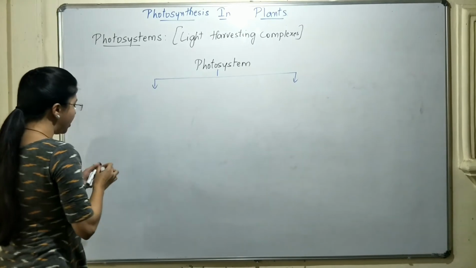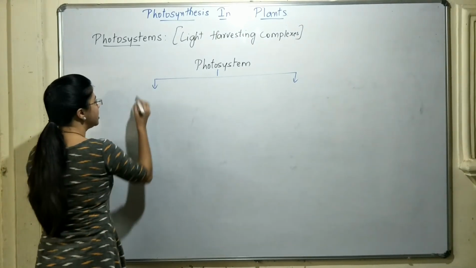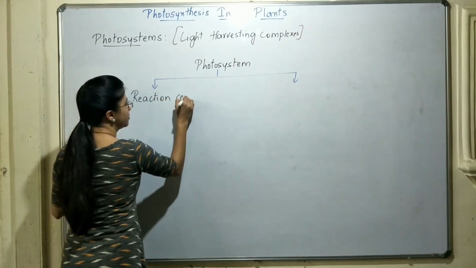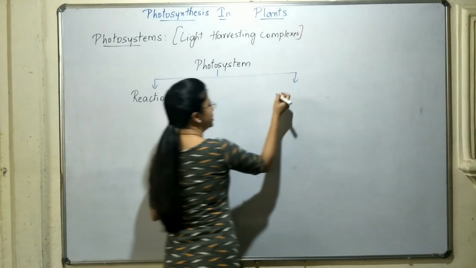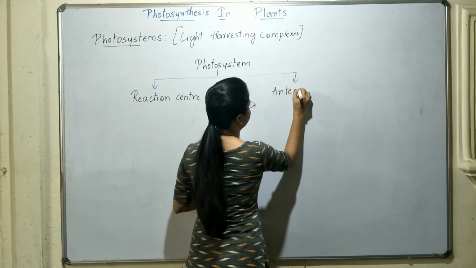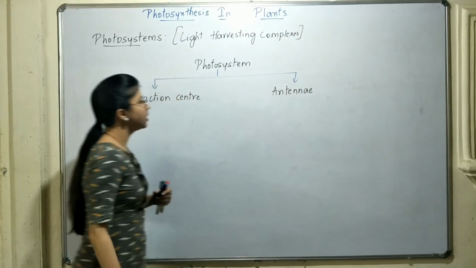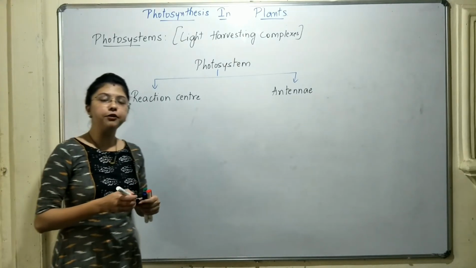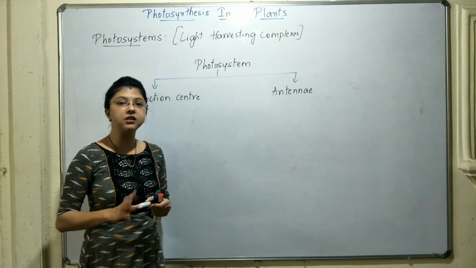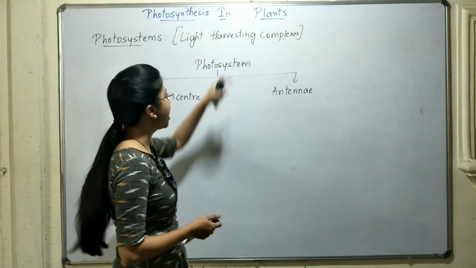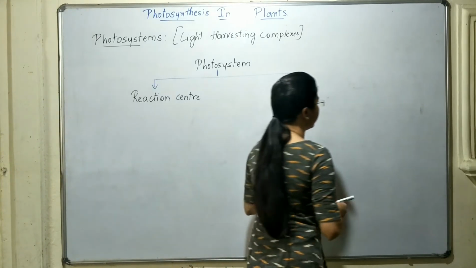One is called the reaction center, and the other region is called the antennae. Basically, the reaction center and the antennae are different types of photopigments along with protein molecules coming together and forming a light harvesting complex. Let us see a diagram for the same.